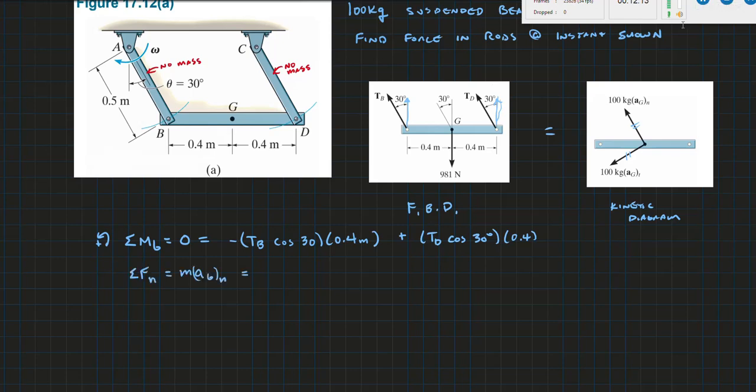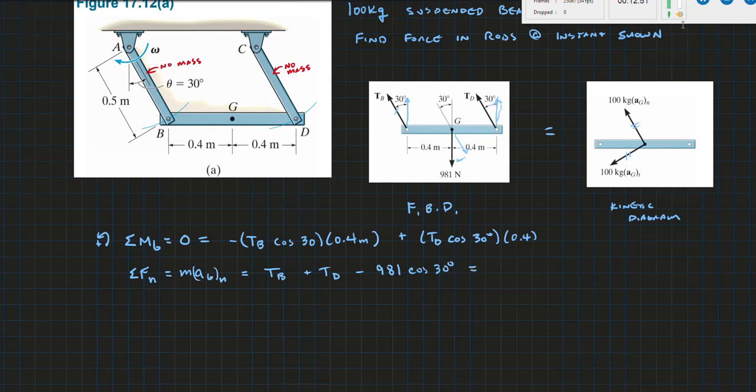Let's next sum forces in the normal direction. So we'll end up with a TB, because this is in the positive direction, plus a TD. And then we have a component of the weight here, 981 cosine of 30 degrees.